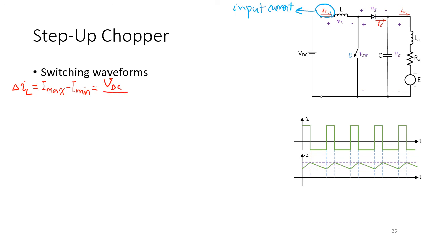The slope during the on time was VDC over L. So the ripple will be the slope multiplied by the time, which gives the change during the on time. So delta IL is equal to VDC over L dt.